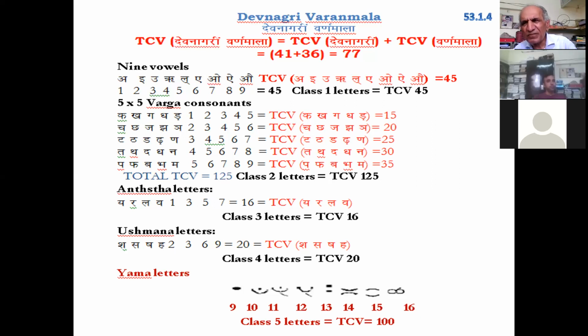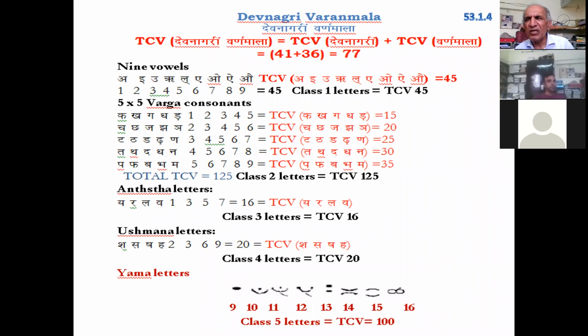For the present, it may be accepted as a definition that these 50 letters have their placement values, that is the transcendental code values, as are tabulated here on the screen. 9 vowels have sequential placements first to ninth, and as such, their transcendental code values respectively are 1 to 9.